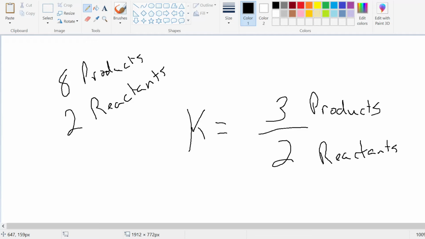Now I need to multiply each one of these by this constant here. Okay. So for the products, going back to reactants, I have to flip it, right? Because 8 is the product side, but if I'm going in the opposite direction, I want to have reactants over products.